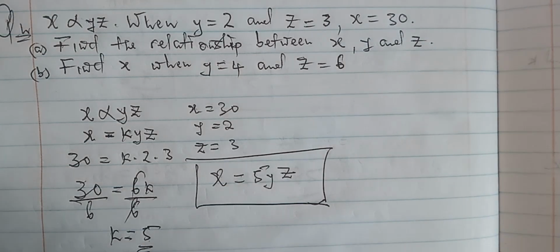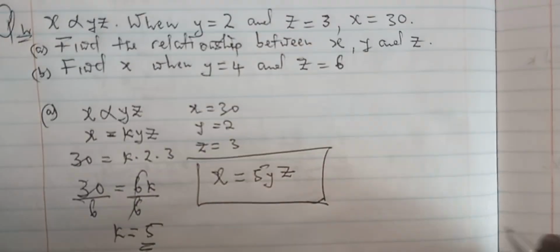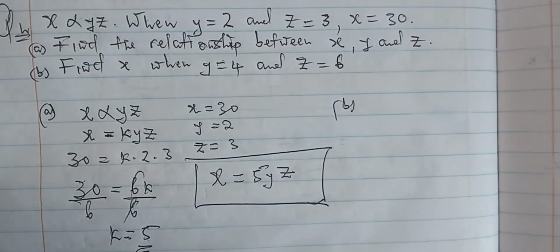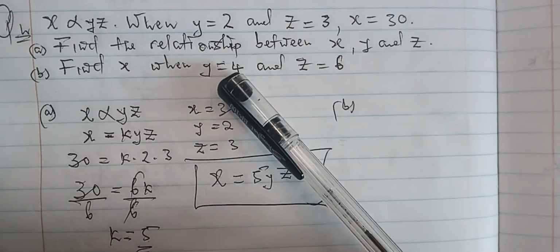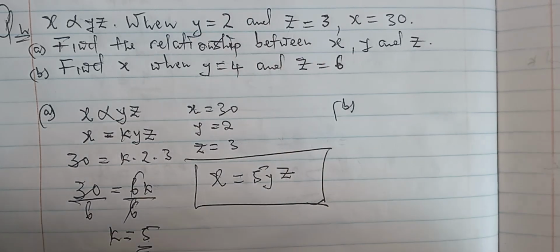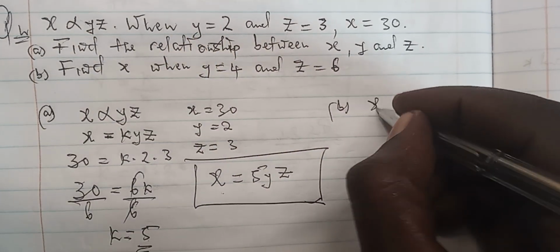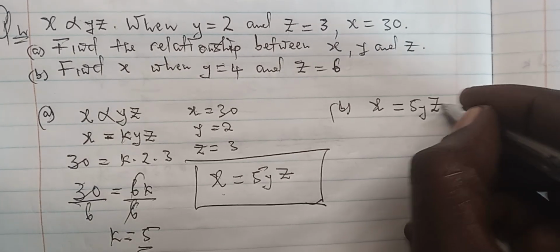This is the first part of the question. Now answering the B part of the question, which is saying find x when y is equal to 4 and z is equal to 6. We know that the relationship we've established is x is equal to 5yz.